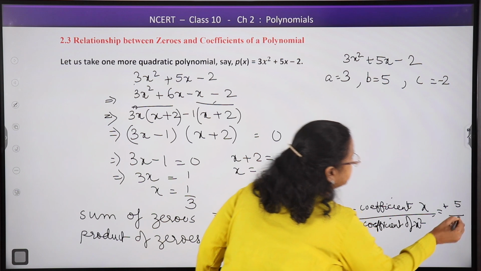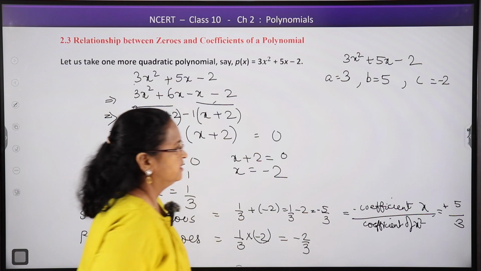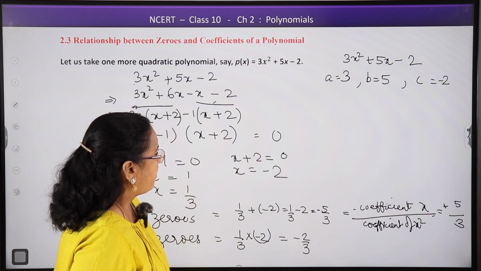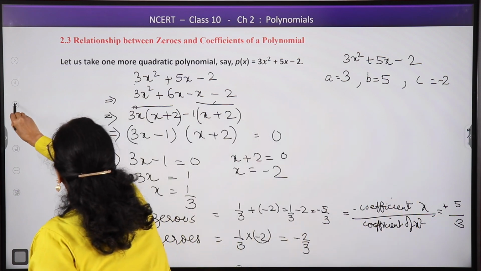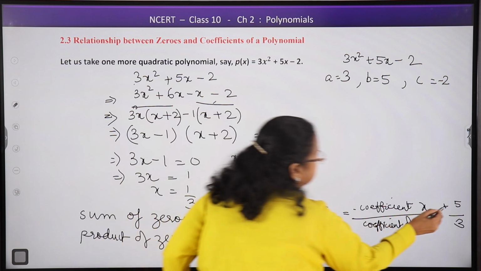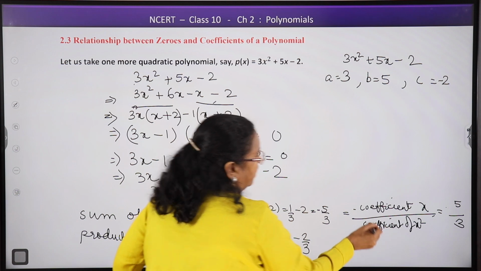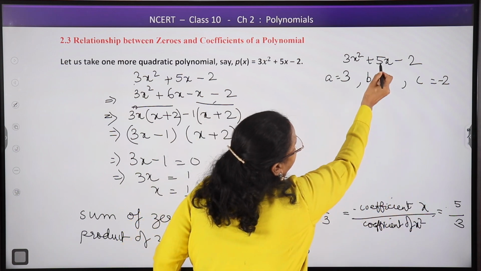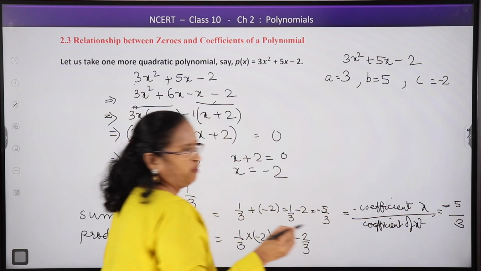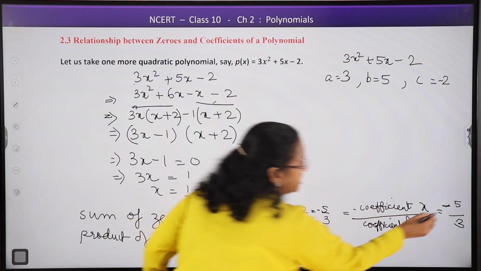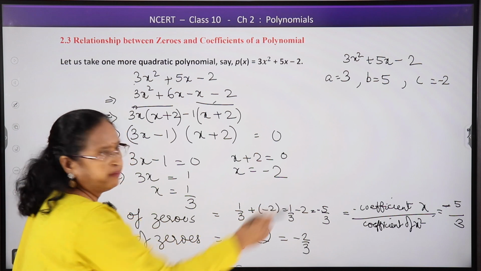Hmm, and the coefficient of x square is 3. Yes, minus coefficient of x, that is minus 5, and the coefficient of x square is 3. Minus 5 by 3.